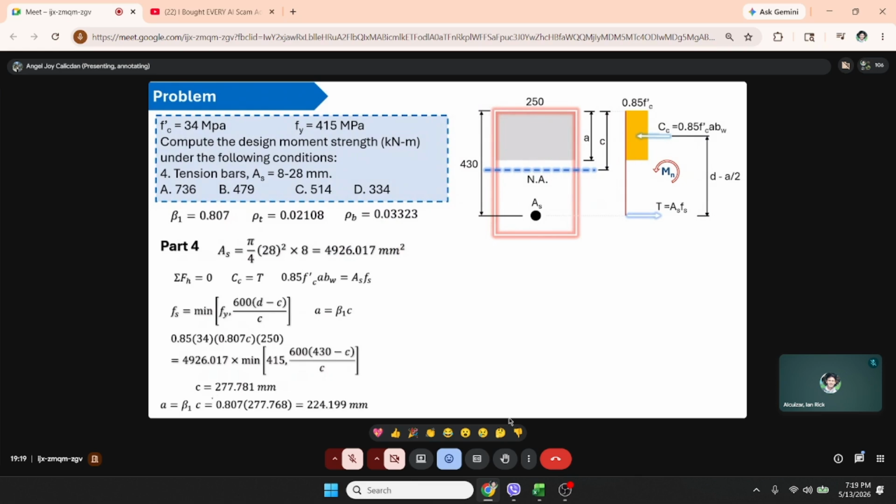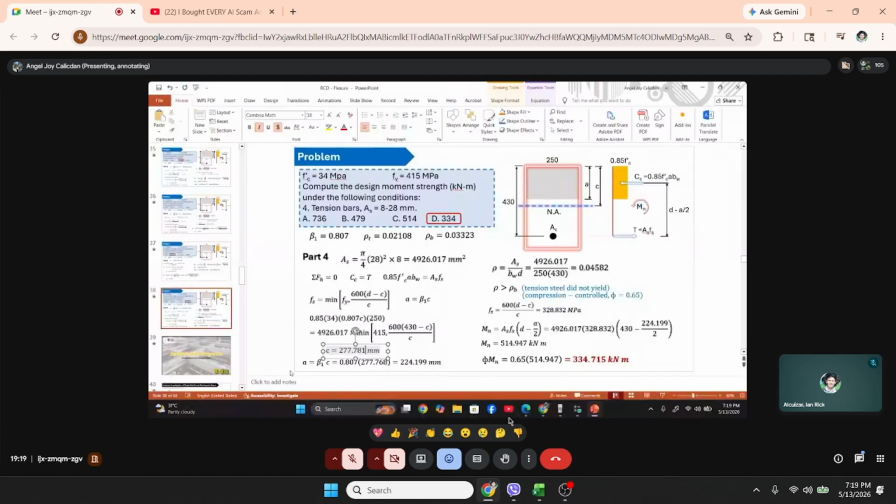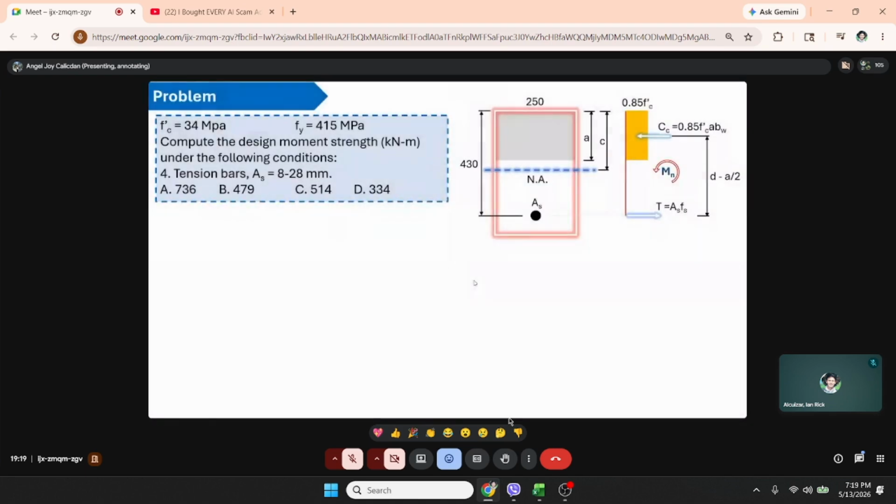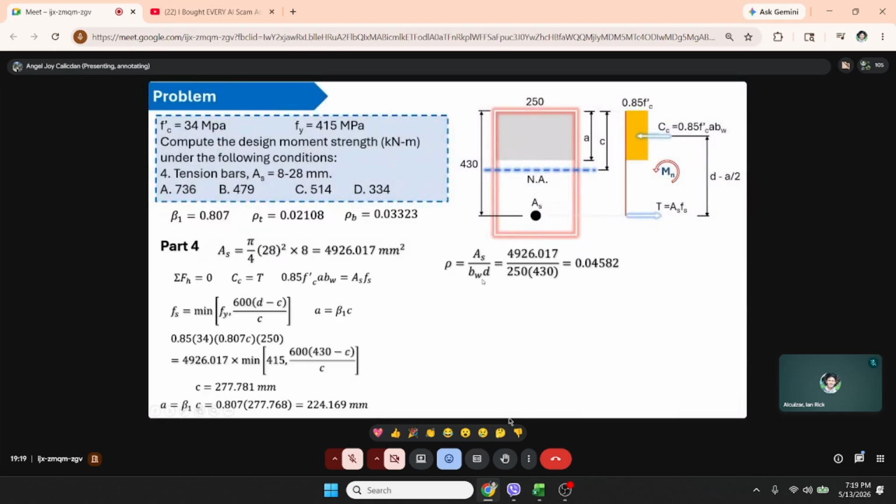To get A, multiply by beta 1. So, A is 224.169. And rho is just equal to AS over BWD. So, rho is 0.04582.